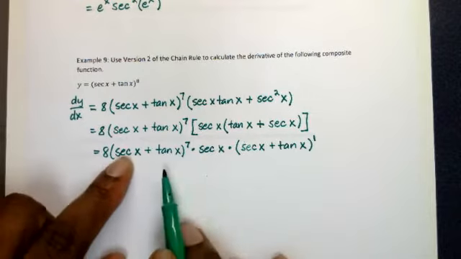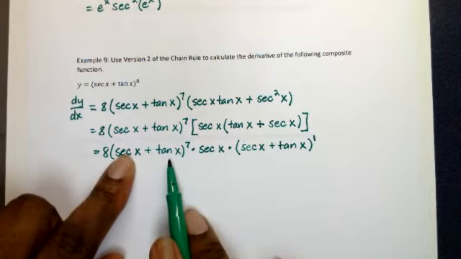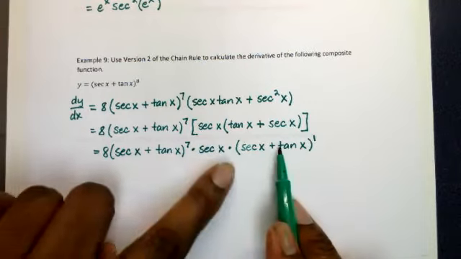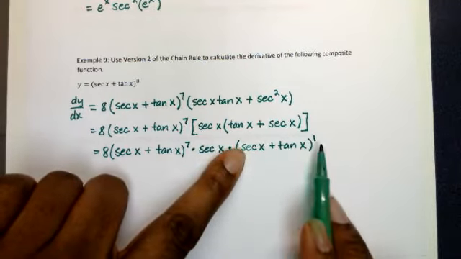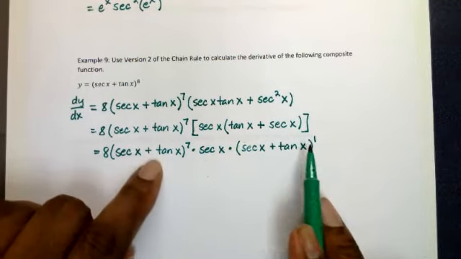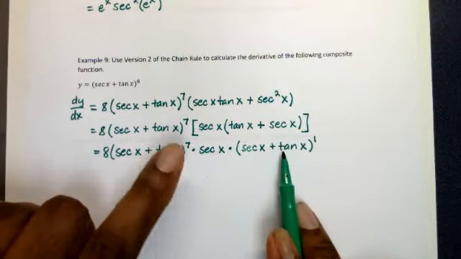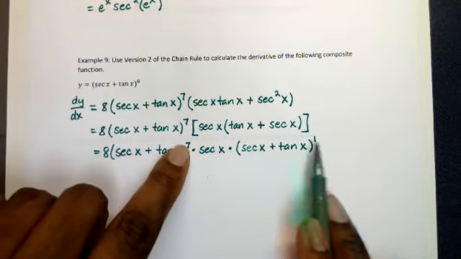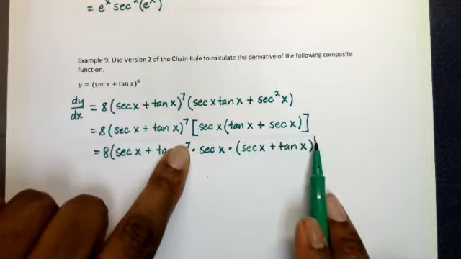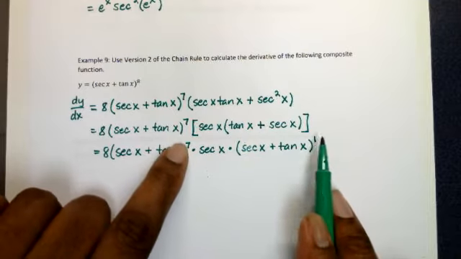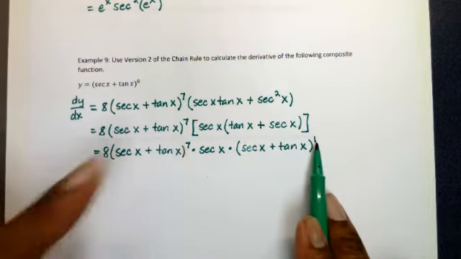Now notice I got secant x plus tangent x raised to the 7th, and then I got secant x plus tangent x raised to the 1st power. I'm multiplying powers of the same base. That means I can add this exponent and that exponent of the common base, so 7 plus 1 would be 8.